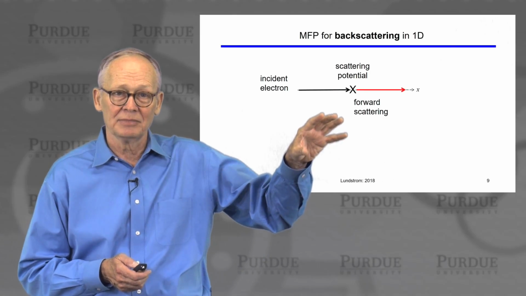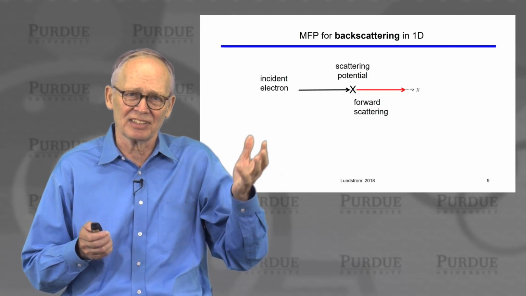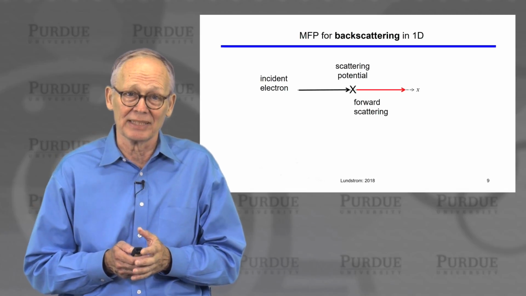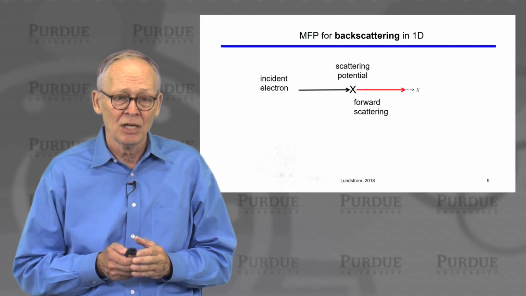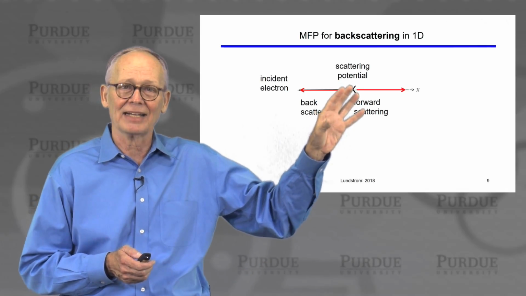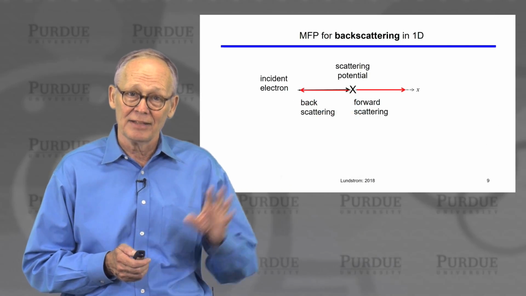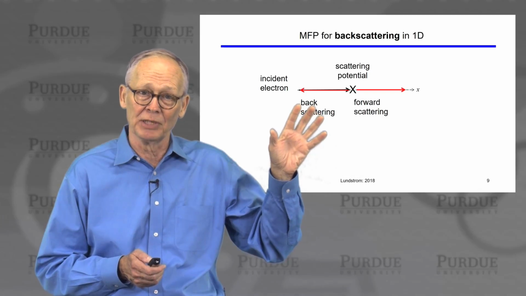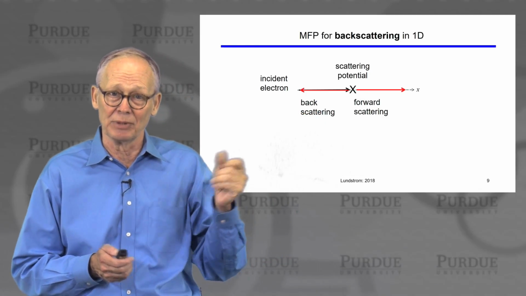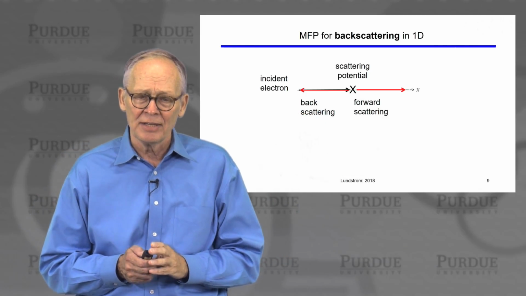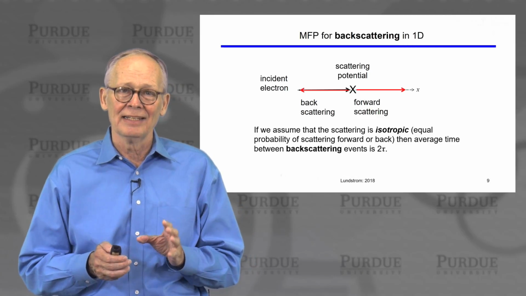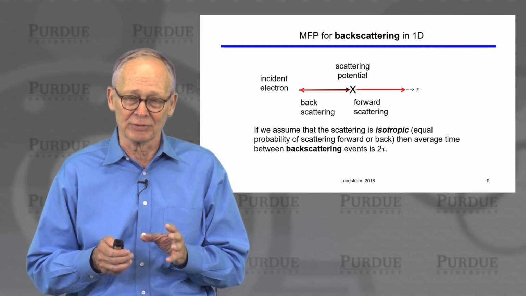It could knock them in the forward direction, in which case it's as though a scattering event really didn't occur because it just continues on its way, or it could knock it in the reverse direction, in which the carrier backscatters. The backscattering events are very detrimental to the flow of current because they reverse the electron flow. The backscattering events are really the events that we are interested in.